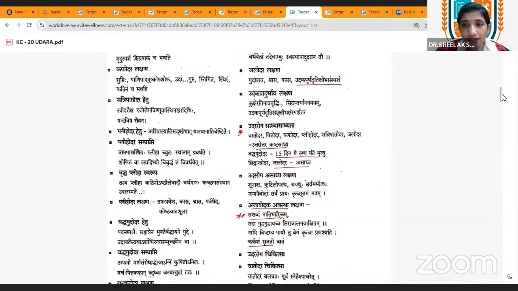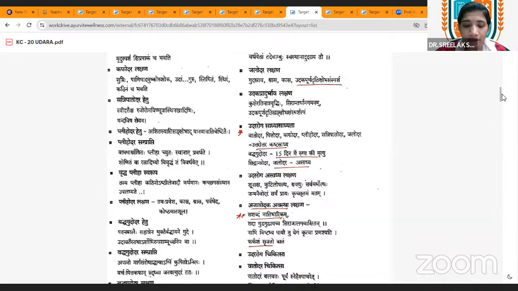So prior to the stage of Jalodara is the stage of Chidrodara. And we have to learn about Jalodara. Jalodara mainly has 4 stages. The stages of Jalodara are very important. Shalyodara Vardhamana becomes Udakodara. So whenever this Shalyodara increases, it will be transformed into Jalodara.